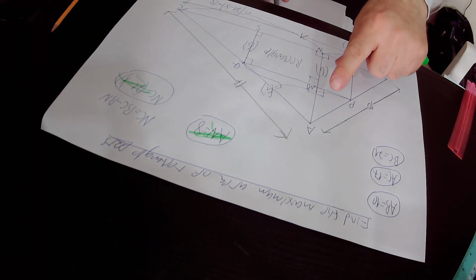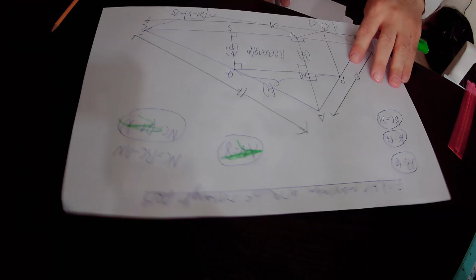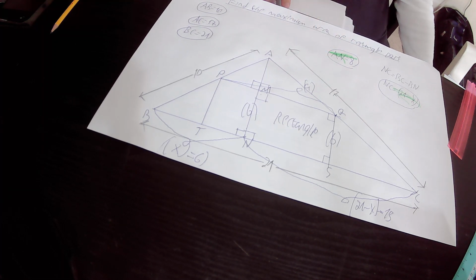So what is the length of line segment AM? From the drawing, it is very easy to see that AM in total equals AN minus MN. Again, AM equals AN minus MN.